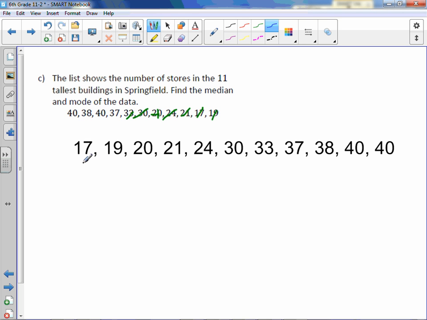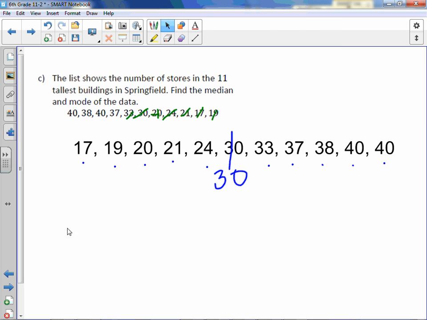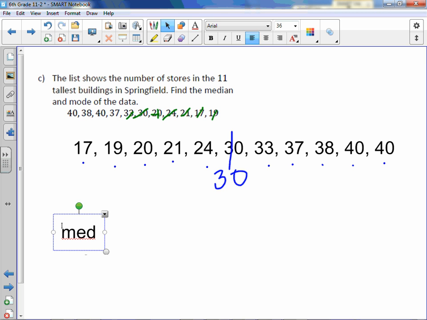Okay, to find the middle, let's count from either end. 1, 2, 3, 4, 5. The middle number is 30, which means that is our median. So median equals 30.